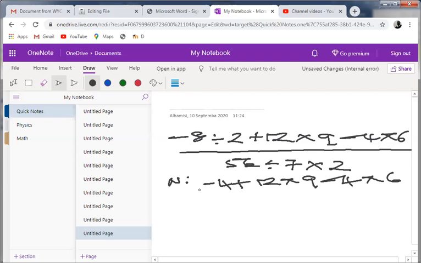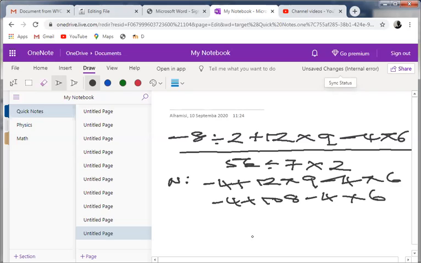After having done that division, we can go to the multiplication, where we have 12 times 9, which is 108. So I can proceed here and have negative 4 plus 108 minus 4 times 6.